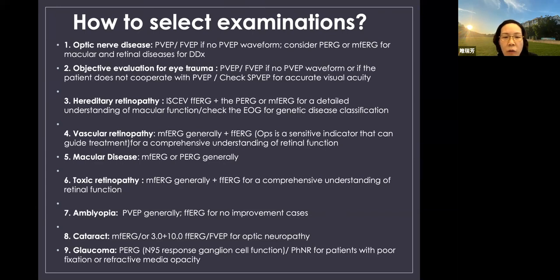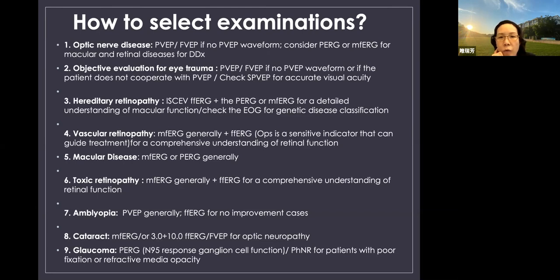The most difficult scenario in the clinic is if someone has a trauma and the patient may not be able to, or may not want to, cooperate with us. So we need to have an objective evaluation for the disease, for the trauma, and to know how severe the trauma is.